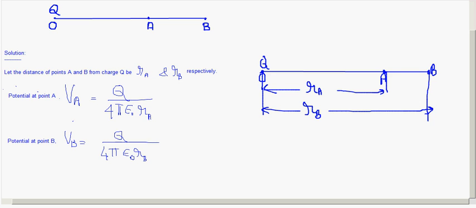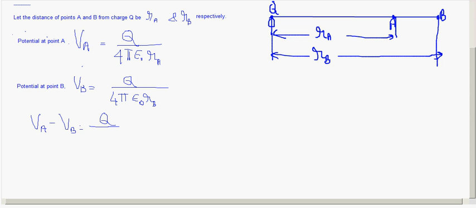Now calculate VA minus VB, which equals Q divided by 4 pi epsilon naught into (1 divided by RA minus 1 divided by RB).